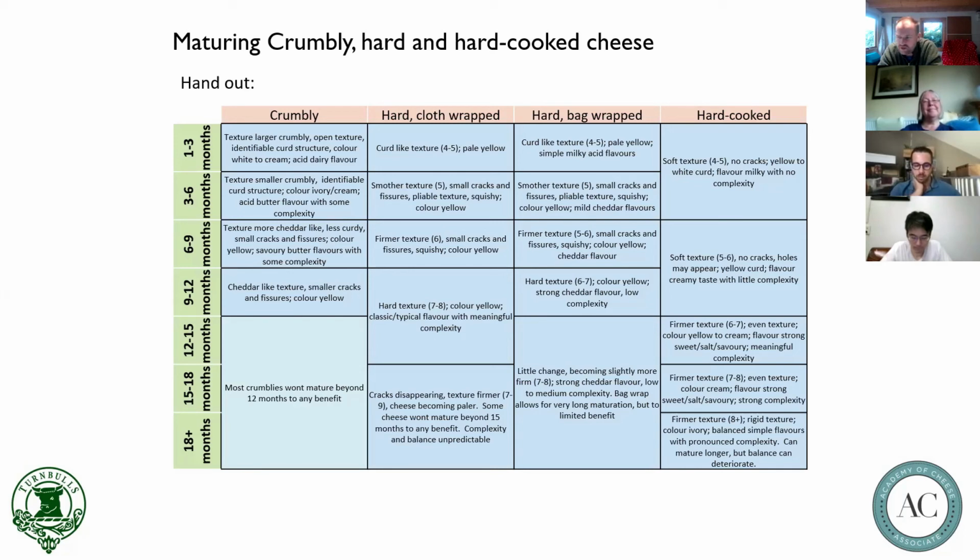Now with your hard cooked cheeses, Gruyères, Parmesans, that kind of stuff, they've got an extra 12, maybe 14 months of potential maturation because you've taken out more moisture. You're slowing the process down because there's less moisture there, so the activity is lower.